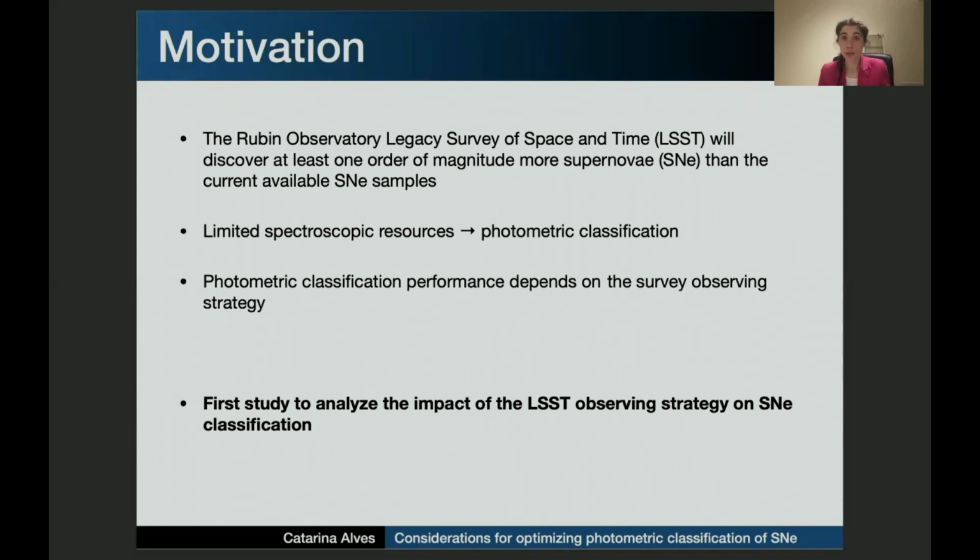Photometric classification performance depends on several aspects, in particular on the not-yet-finalized survey observing strategy. And this is the first study to analyze the impact of the LSST observing strategy on supernova classification.